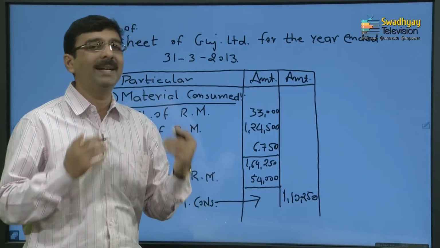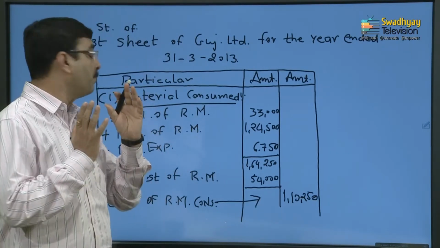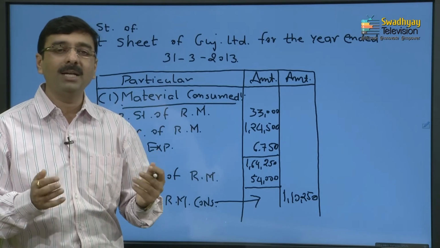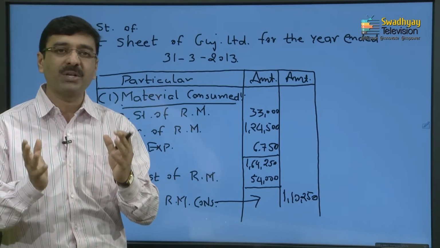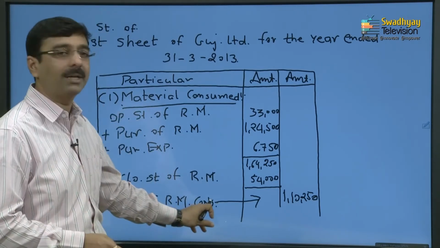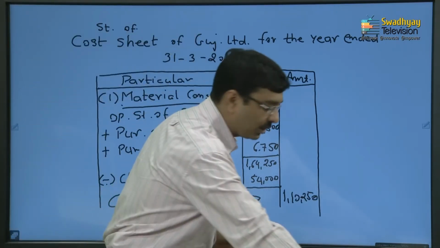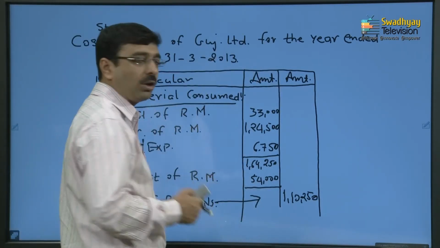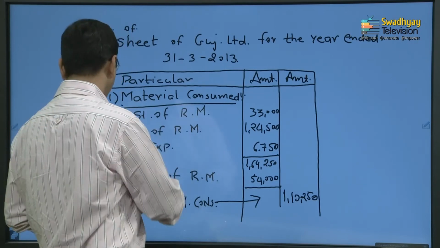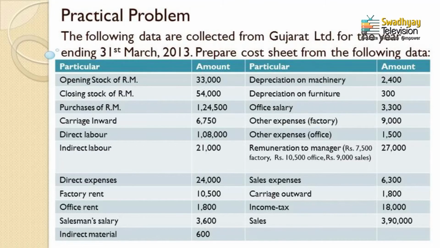After that we will find out the value of the prime cost, and the prime cost you can determine when the direct expenditures are added to the cost of raw material consumed. So the second thing is, we will find out the amount of expenditure to be added in the cost of raw material consumed.